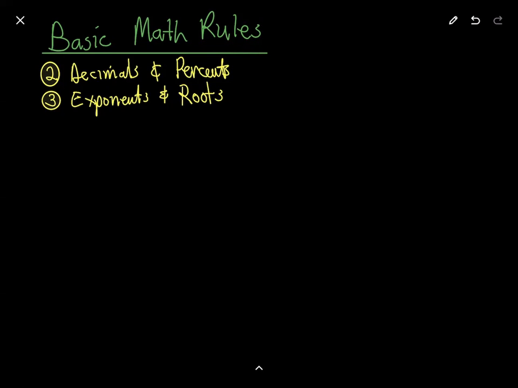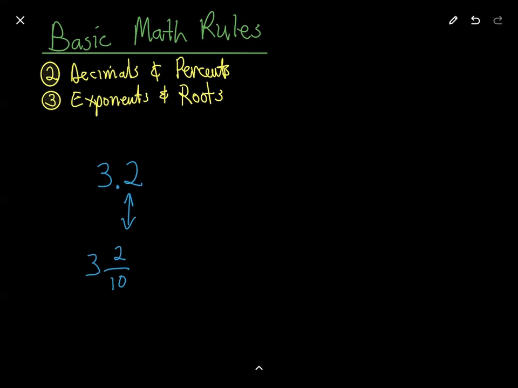So to describe what I mean by that, if I write the number 3.2, that's a decimal because I have a number to the right of the decimal place. And that 3.2 is synonymous with 3 2/10.